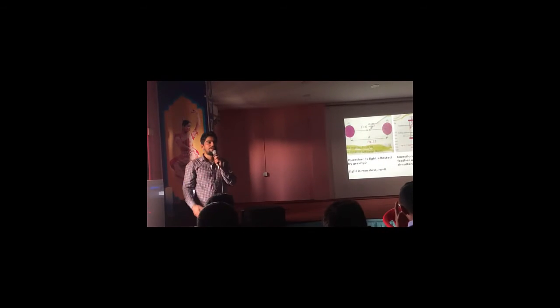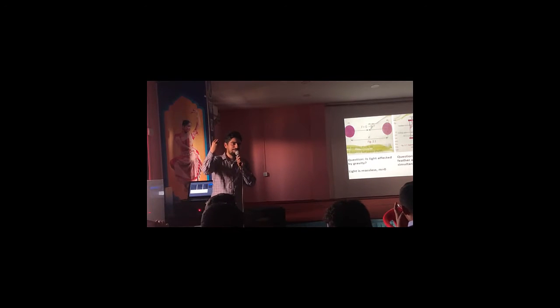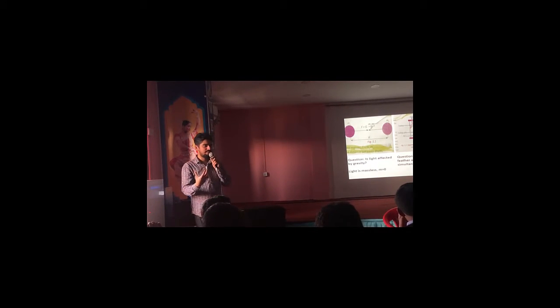Weightlessness. Exactly. When something falls freely under the action of gravity, the object which is falling doesn't feel any kind of force acting on it. So it feels like weightlessness. Okay, now let's go to the next slide. We will come back to these questions later.